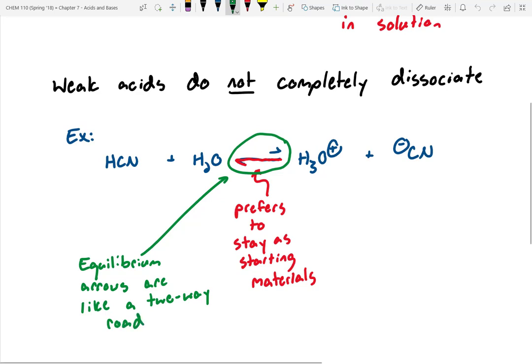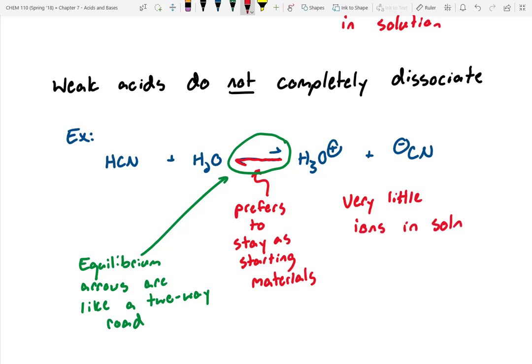You're dynamically changing between starting materials and products, but it would prefer to stay as starting materials. So in this case, we're getting very little hydronium in solution, I'm going to abbreviate solution, SOLN, after being mixed.